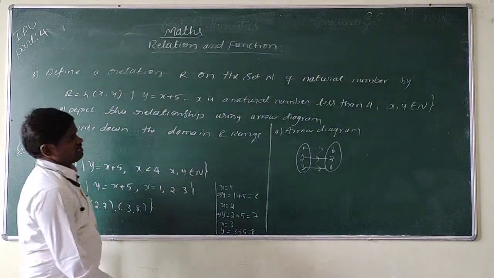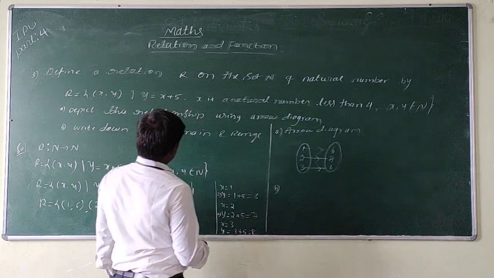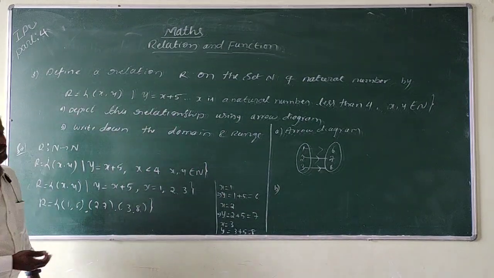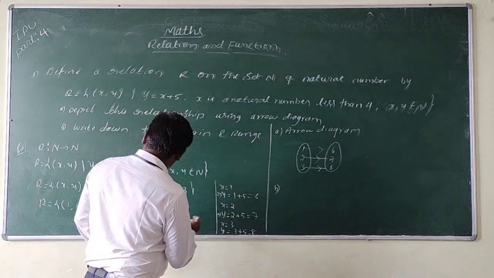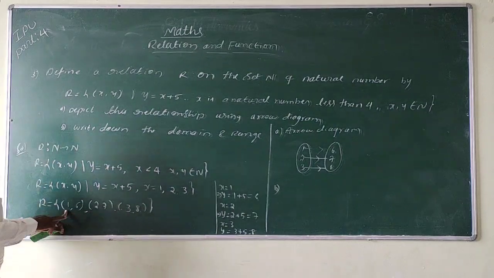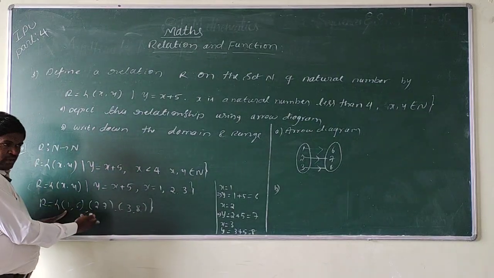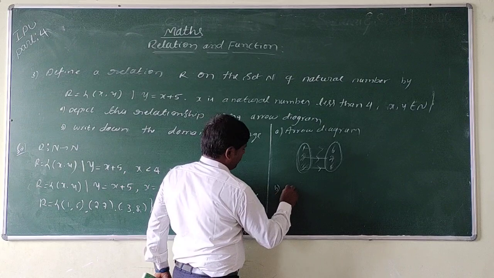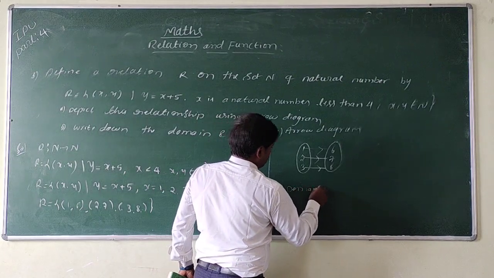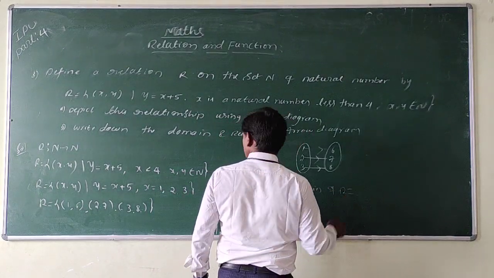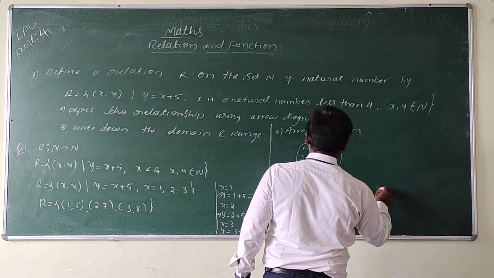Then the second question: write down the domain and range. Clearly we observe that the set of first elements of the ordered pairs in relation R is known as the domain. Therefore the domain of R is the set of first elements, that is 1, 2, 3.